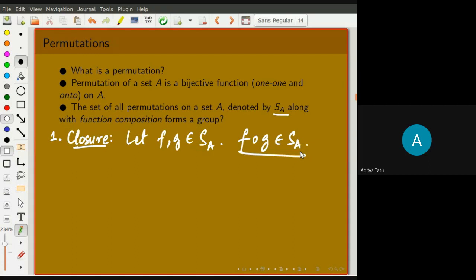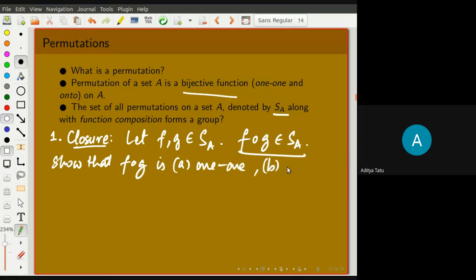It's written in the slide. Bijection. So we need to show basically that f∘g is 1-to-1 and onto, given that, of course, f and g are 1-to-1 and onto.